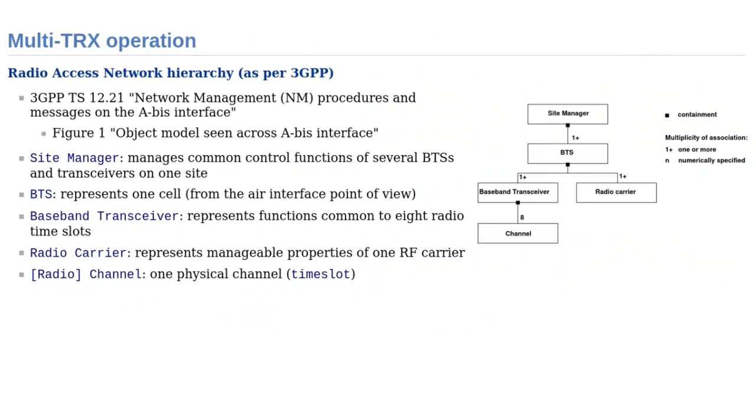And if you look at the figure 1, where object model that you kind of see via the ABIS interface, there is site manager, and I'm not sure if everybody can clearly explain what is it for, but the main point is that you may have several base stations on your site, like your physical setup, physical location, and you don't have to use several OML links for each of them.